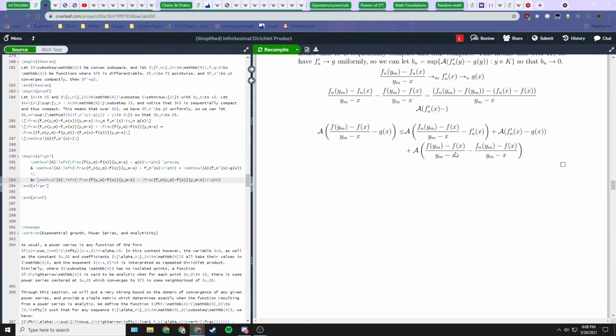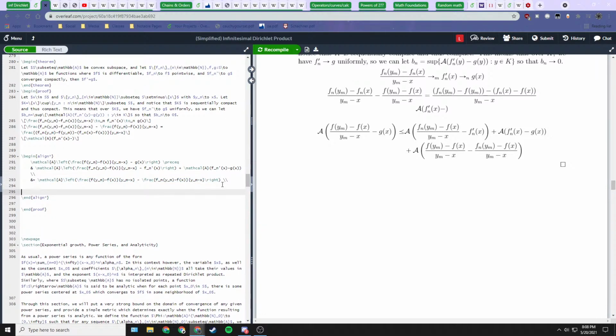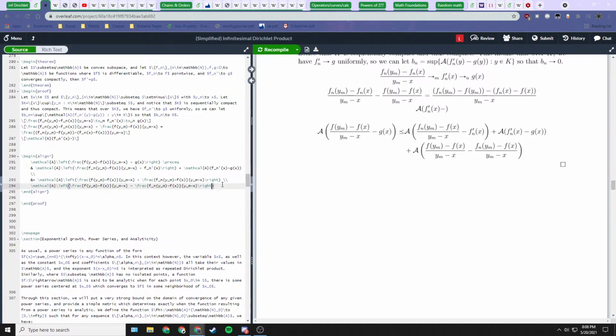And here we just have some freedom. If we merge these, so we would get fn y sub m, so this will be negative, and we have this negative fx, is that correct?